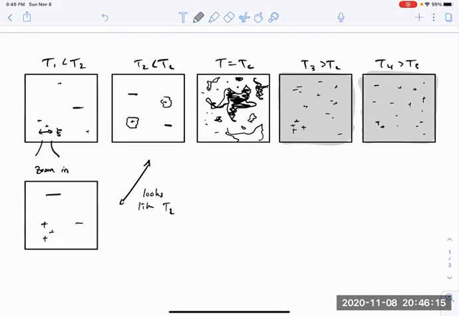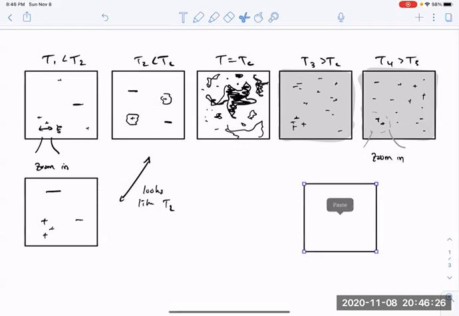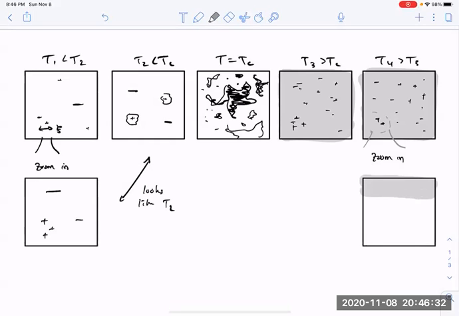And if I take that system at T4 and I zoom in, well, the system is still up and down in equal proportions, so it will look gray on average.